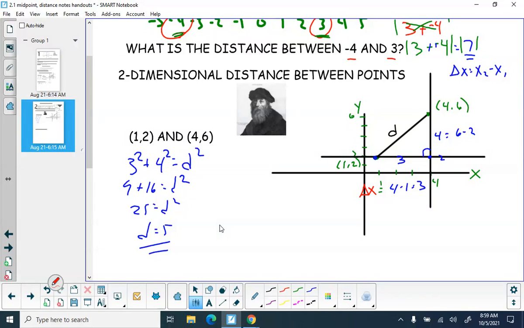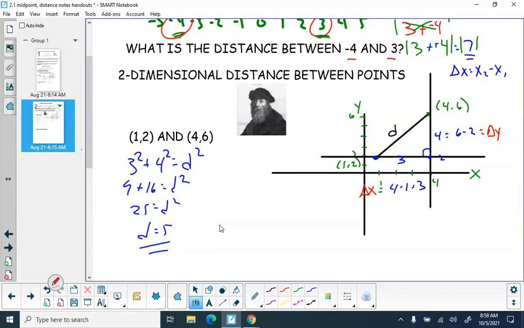Whether it's a change in my x value or my y value. If I look at my vertical here, I want 6 minus 2, which is the subtraction of my two y values.